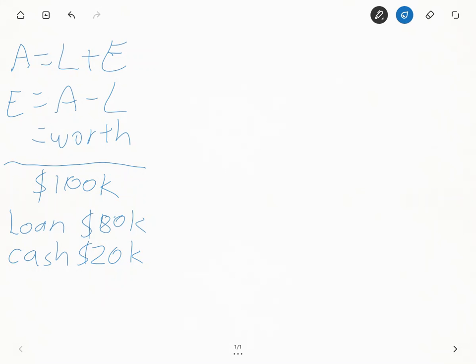Now in this example, the loan is $80,000 and the asset is equal to $100,000, right? The asset being the house. So the equity in this house is $20,000, right? It's a $100,000 asset minus an $80,000 liability, which is $20,000 equity, okay?